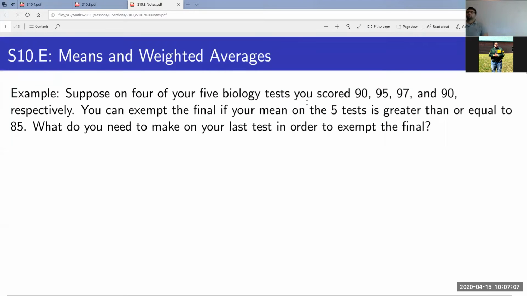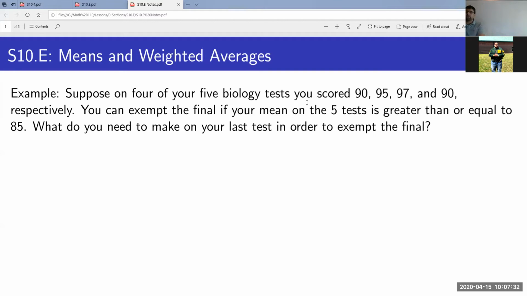So as an example, suppose on 4 of your 5 biology tests, you scored 90, 95, 97, and 90, respectively. You can exempt the final if your average on the 5 tests is greater than or equal to 85.